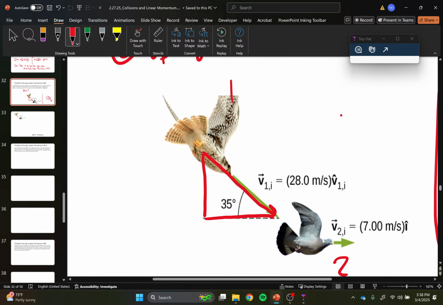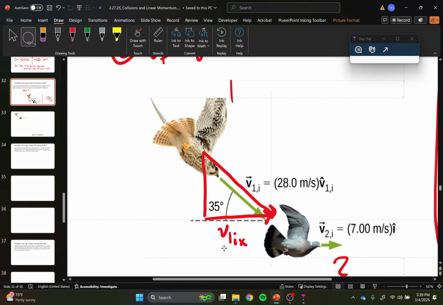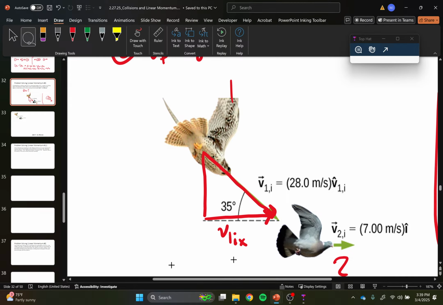Which way should the arrow on the bottom point? Right or left? To the right. So this is my V1 initial. Is it the X or the Y? This is my X component. Because it's to the right, is that going to be positive or negative?